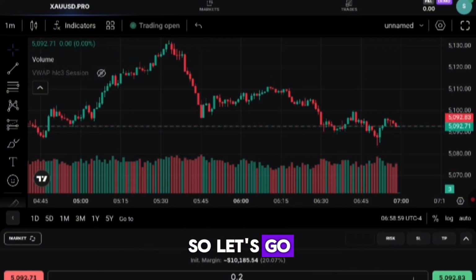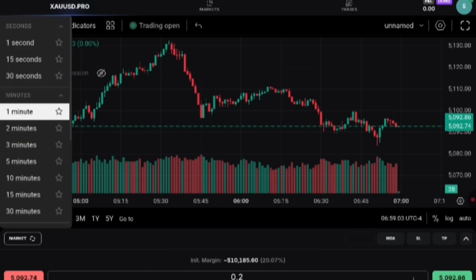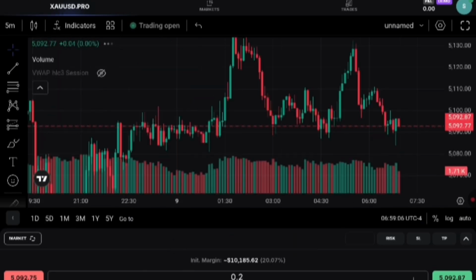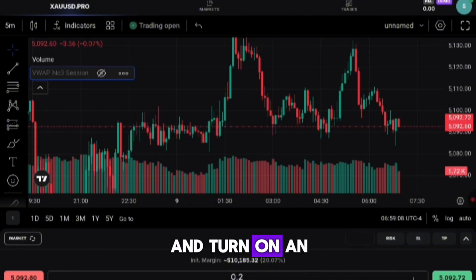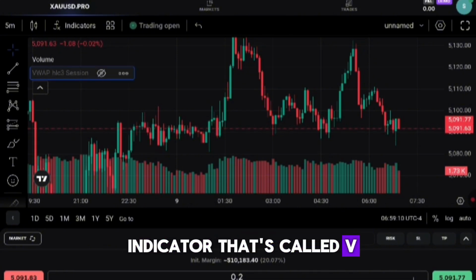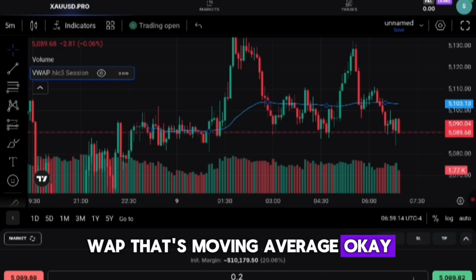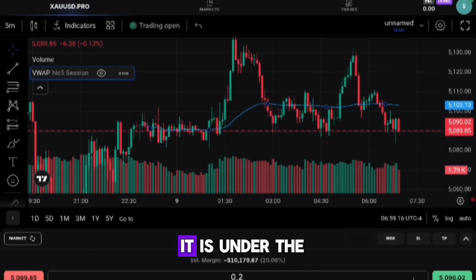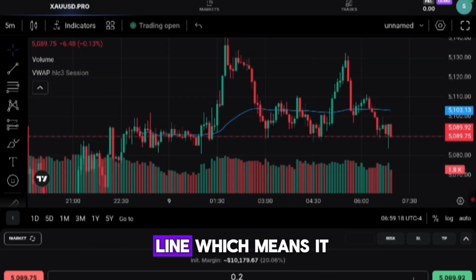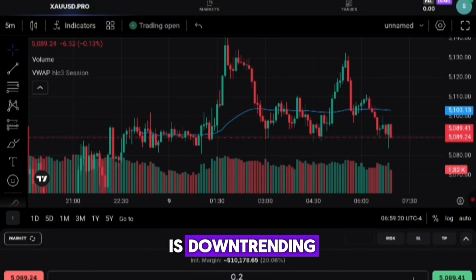Okay, so let's go. So basically what you will be doing is, first of all, go to 5 minutes. Okay, and turn on an indicator that's called VWAP session. That's a moving average. Okay, so now you see it is under the line, which means it is downtrending.